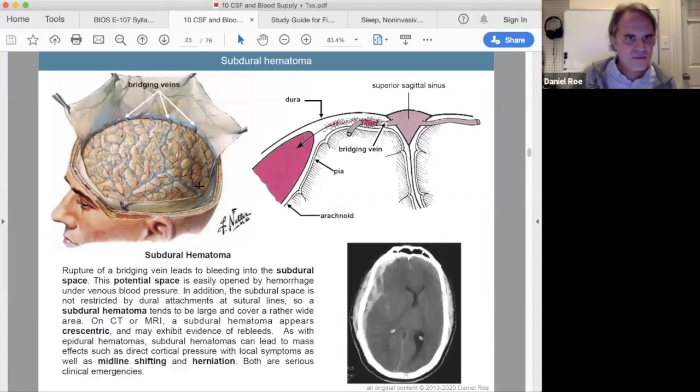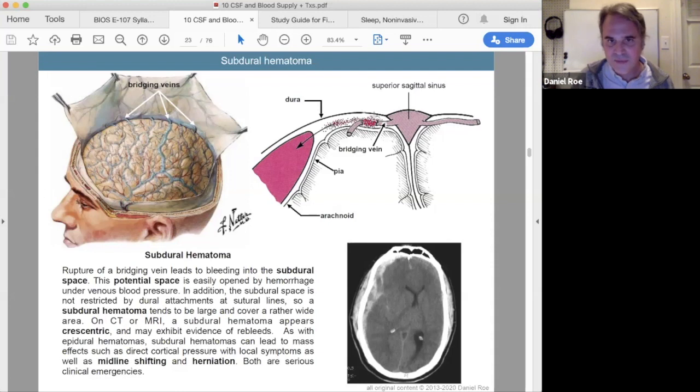Okay, so again, here are the bridging veins labeled right there. Bridging vein, bridging vein, bridging vein. Here they would just be cerebral veins, and then we call them bridging veins at these points. And so here you have the dura mater. You have a bridging vein that has been ruptured, maybe due to a car accident or some blow to the head.